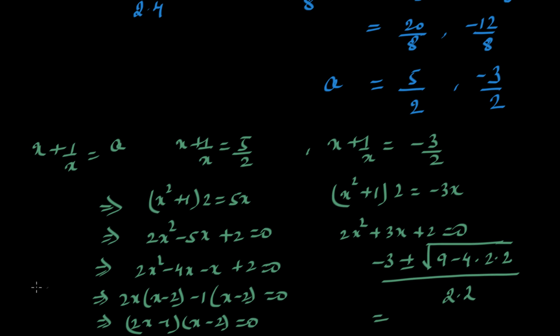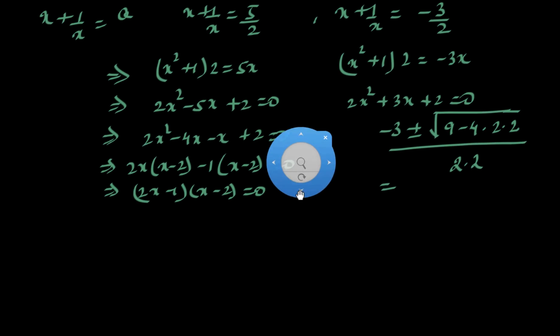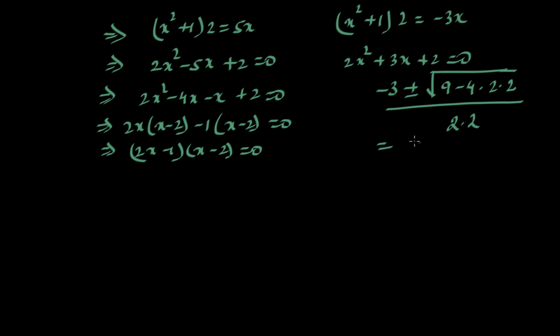So check this out now. 9 minus 4 into 2 into 2. 2 2s are 4, 4 2s are 8. 9 minus 8 is 1. So this becomes minus 3 plus or minus 1, divided by 4.